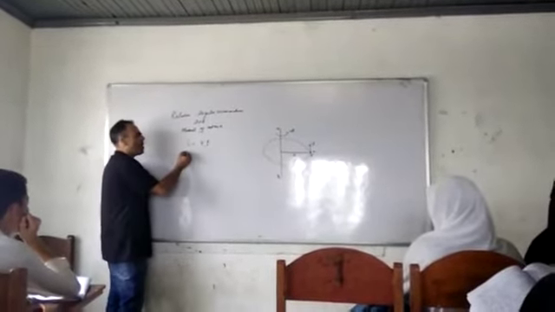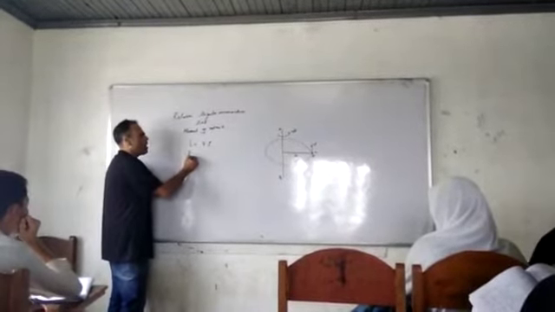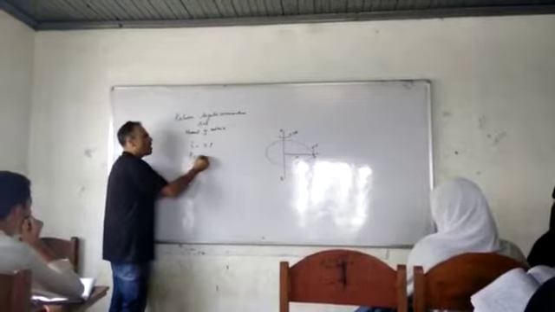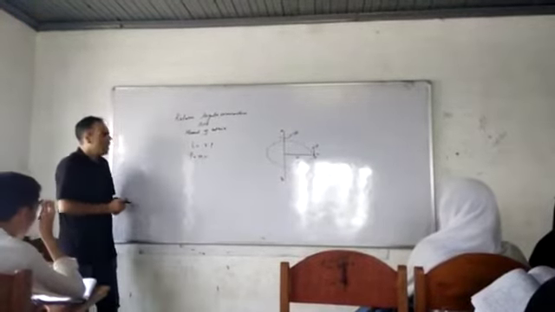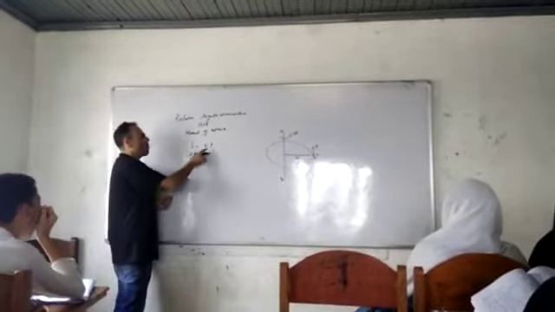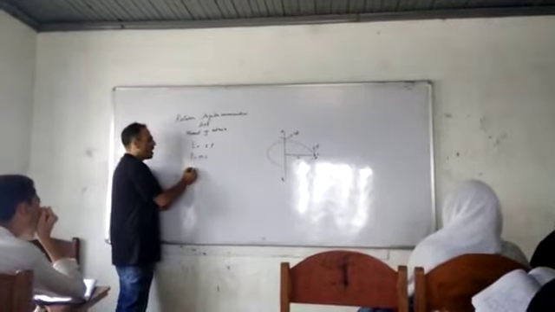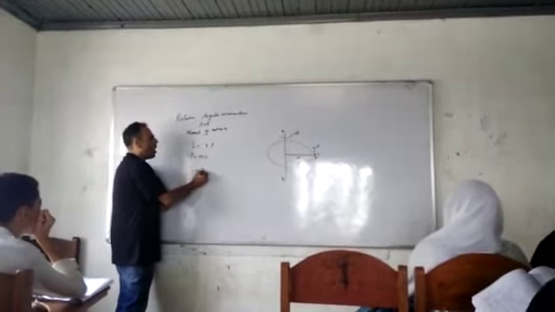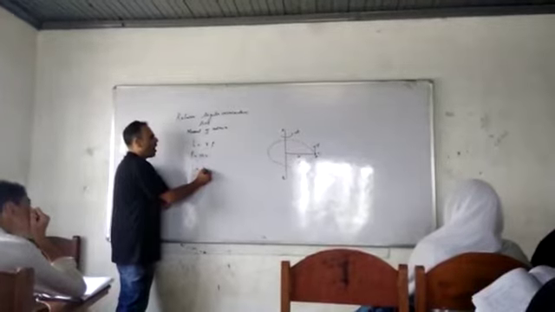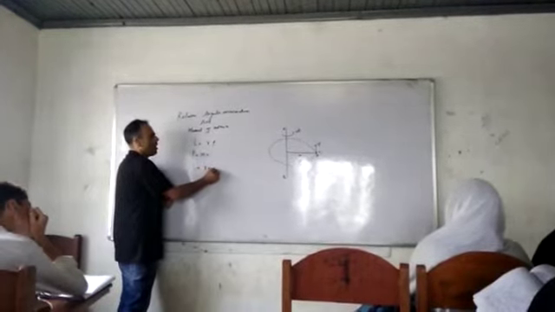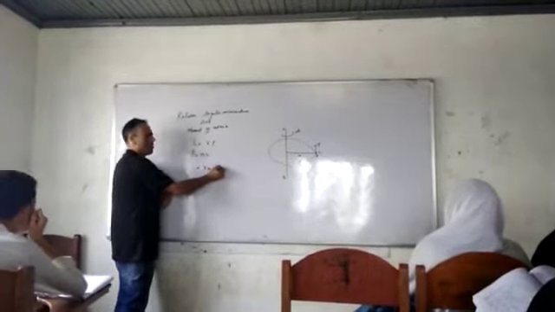This linear momentum, as you know, is equal to the product of mass and velocity. Let us put the value of p in this equation. We get L is equal to r m v. Let me call this equation number first.